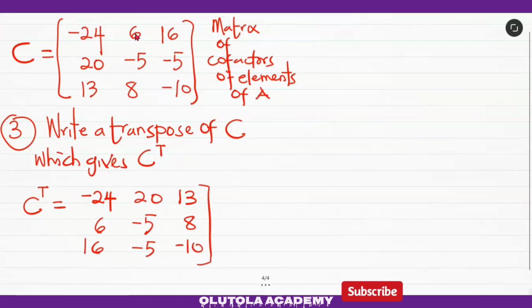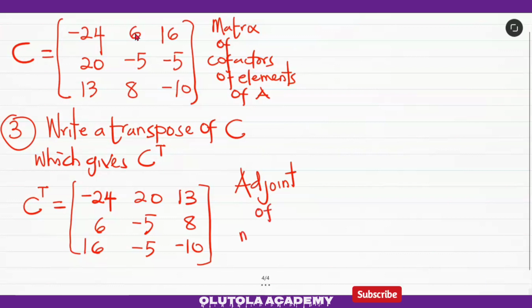So that is the transpose of the cofactors. So 2 more steps and we are done. This matrix that has the transpose of the cofactors is also called the adjoint of matrix A. So what we have here is the transpose and is also the adjoint of the matrix.